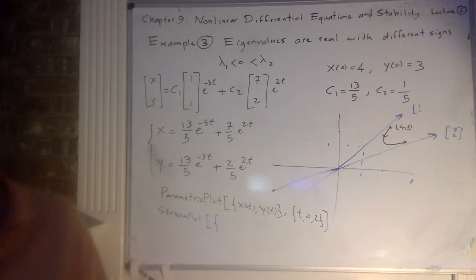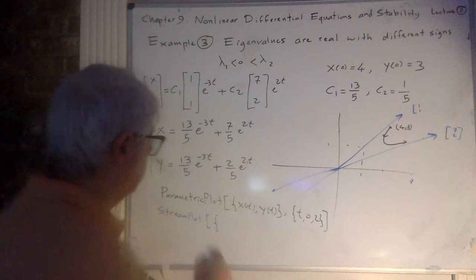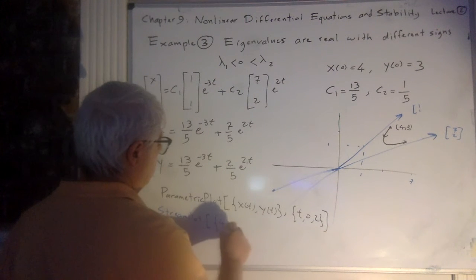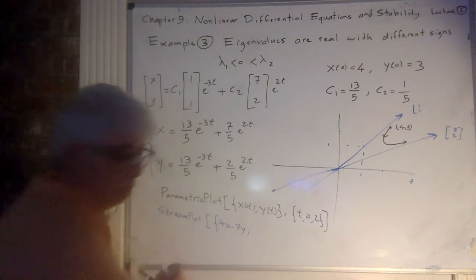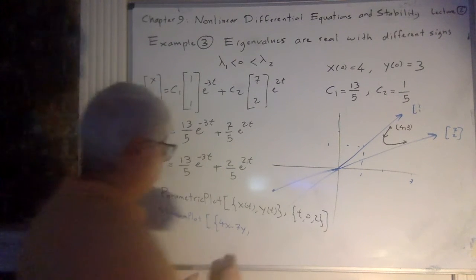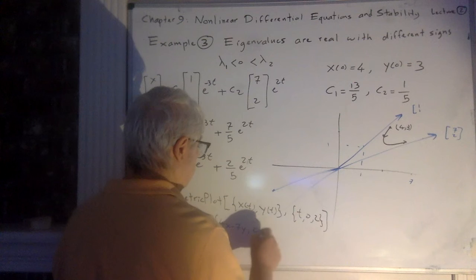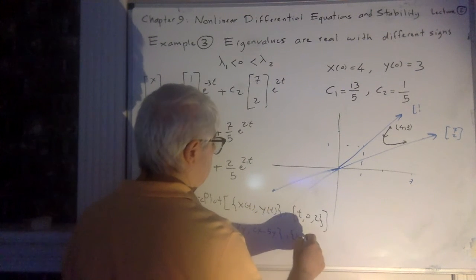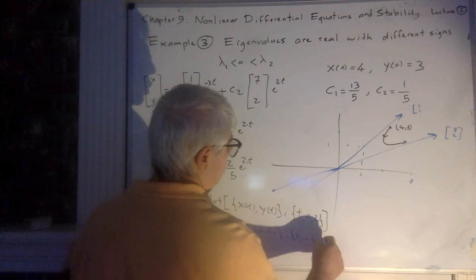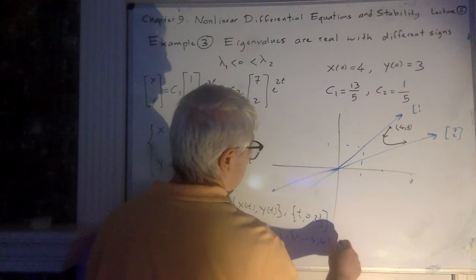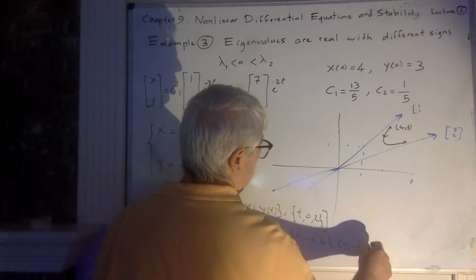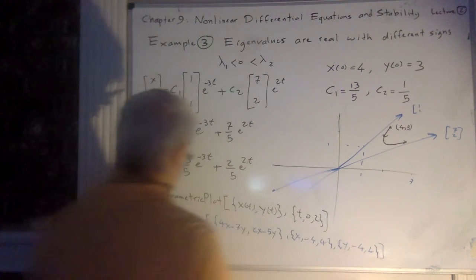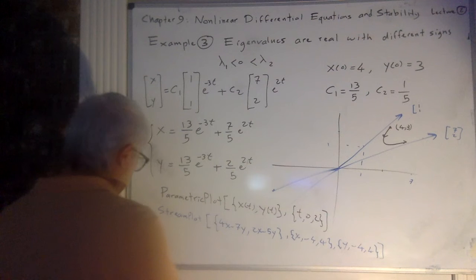For the stream plot, we need the equations: 4x minus 7y, and the other one is 2x minus 5y. And you can go x from minus 4 to 4, and y also from minus 4 to 4. It depends on how much you need, although it doesn't make too much difference.